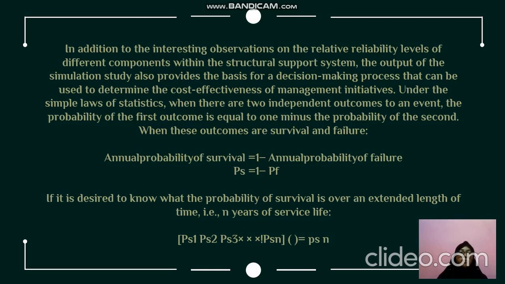When these outcomes are survival and failure, the annual probability of survival is 1 minus the annual probability of failure, or PS equals 1 minus PF. It is desired to know what the probability of survival is over an extended length of time and years of survived life.